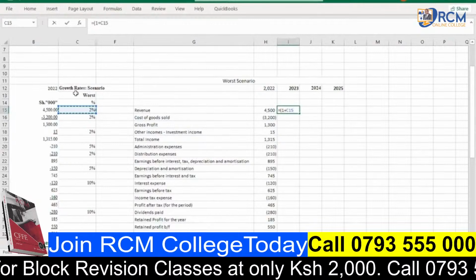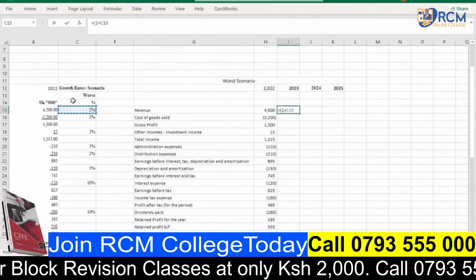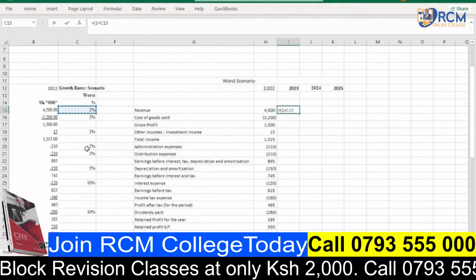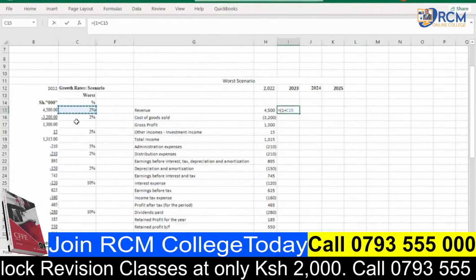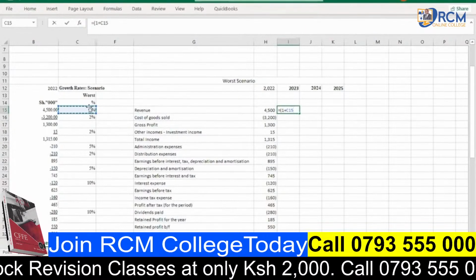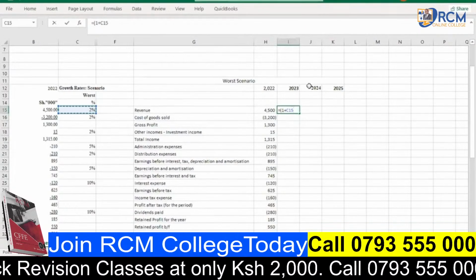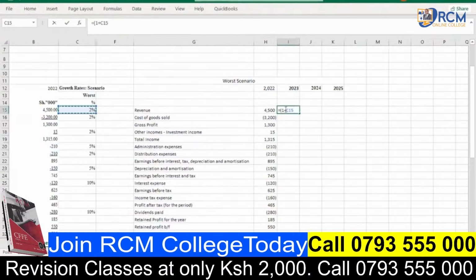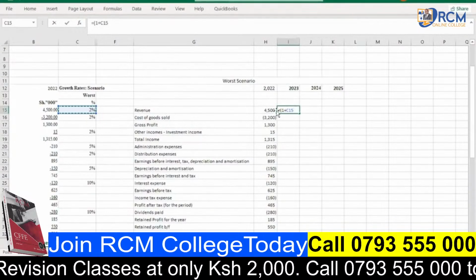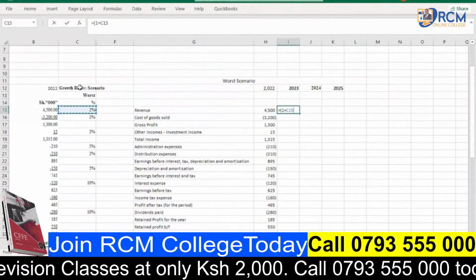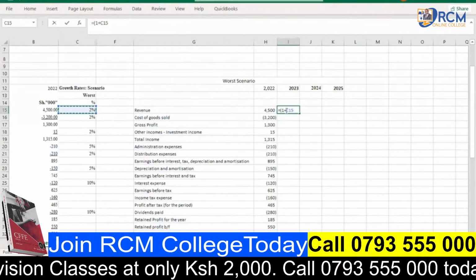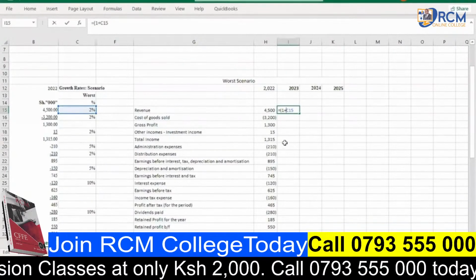This growth rate here is constant, as 2024 will be 2% higher than what is there in 2023. And we have said this 2% will keep on referring to it. So place a $ sign before C.